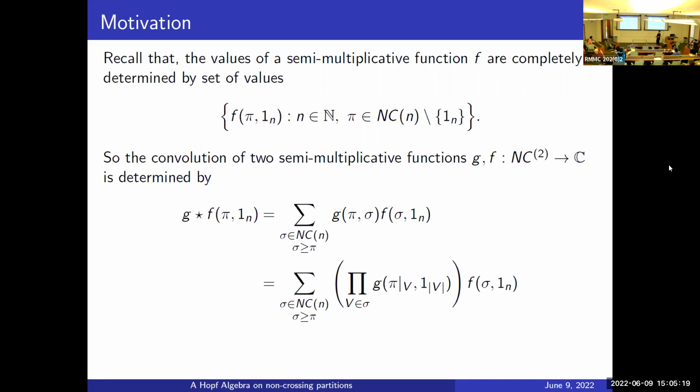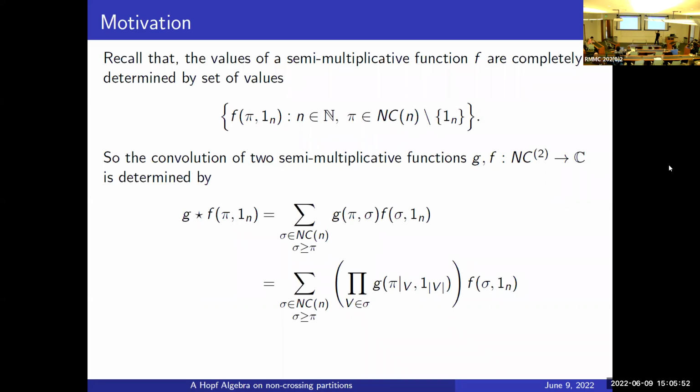Then the convolution of two semi-multiplicative functions is defined in this way. You take f star g of pi, 1n, then you write on the left the interval from pi to sigma, and then from sigma to 1n, and you sum over all sigmas that are bigger than pi in the refinement order, inverse refinement order.